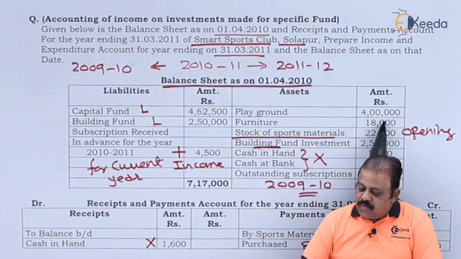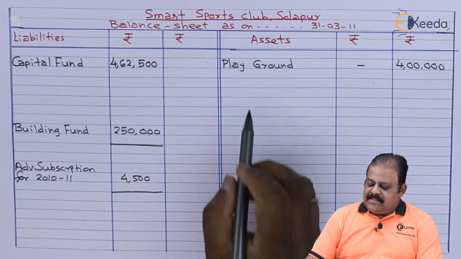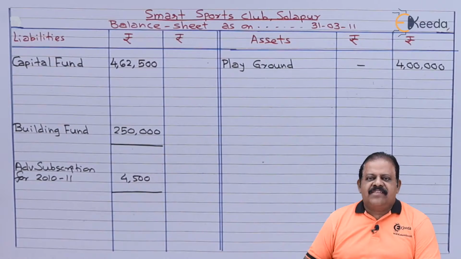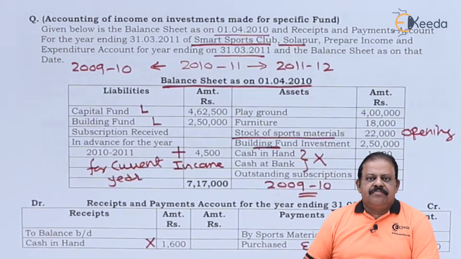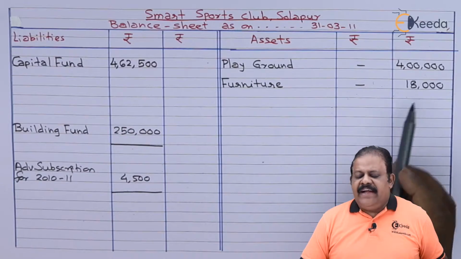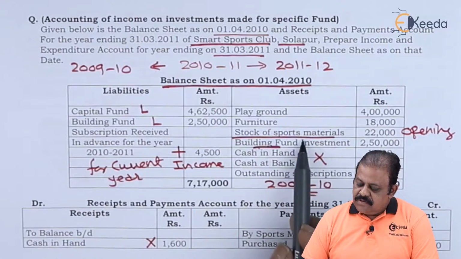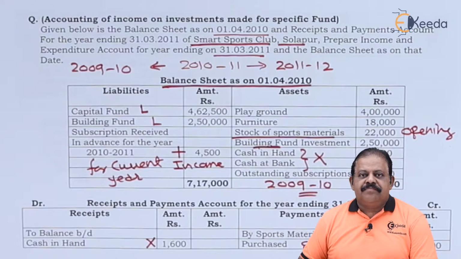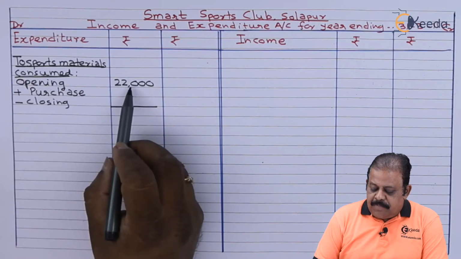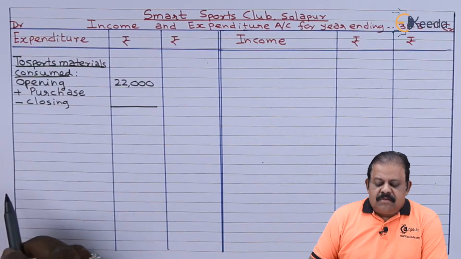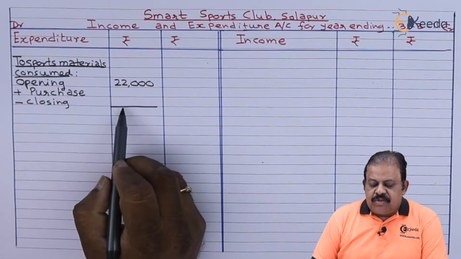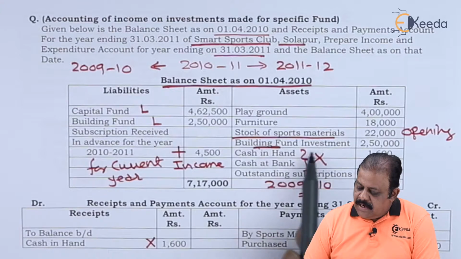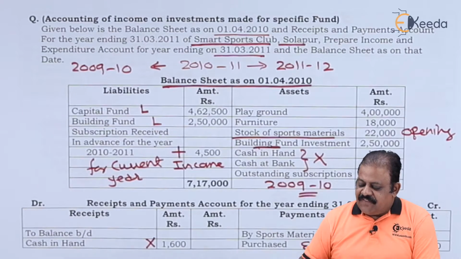Asset side playground 4 lakhs. Balance sheet asset playground 4 lakhs. Furniture 18,000. Asset furniture 18,000. Stock of sports material 22,000. Sports material consumed opening 22,000. Purchases will be added and closing will be subtracted. Building fund investments 2,50,000.